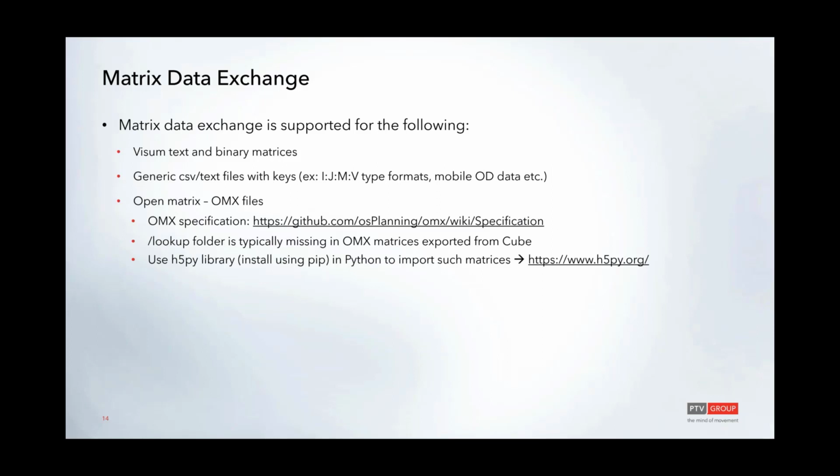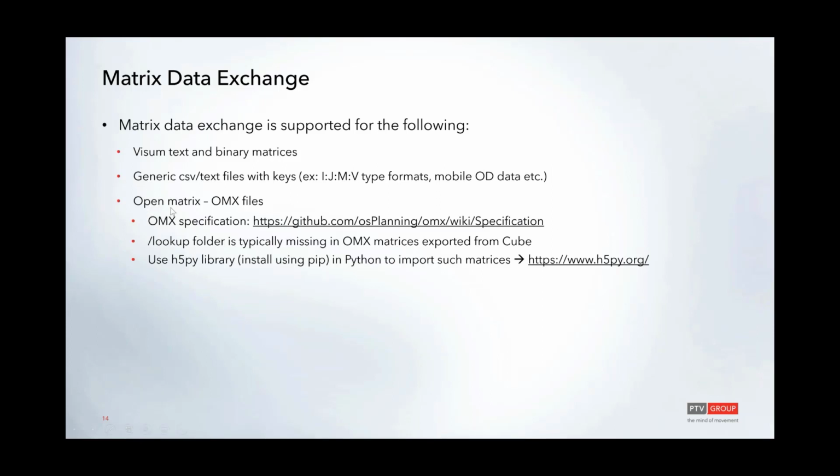This import format is usually applied to cases where you're importing these IJV type file formats, or if you have mobile OD data which is provided to you as a CSV file with a zone ID mapping, or even XY data, you can import that information into Visum.